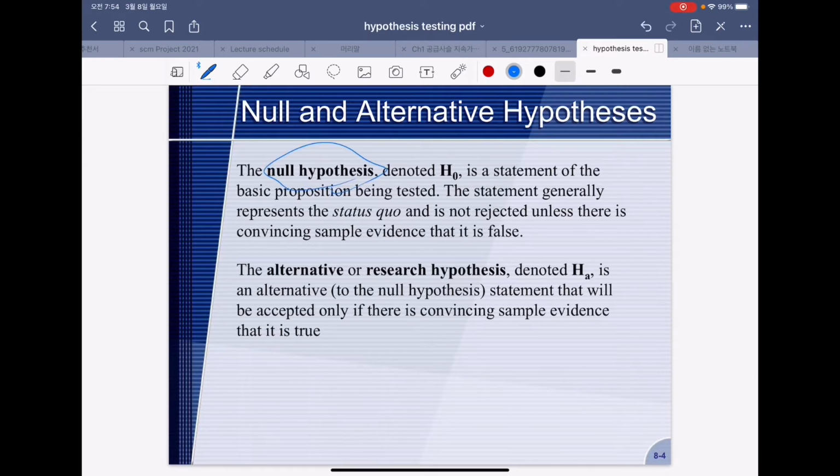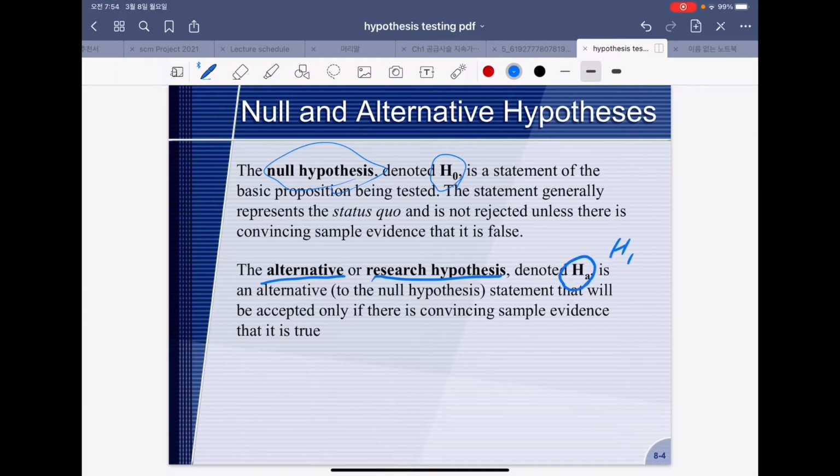Usually we denote this one as H0. The other one is called the alternative hypothesis. Sometimes this one is called the research hypothesis. This one is denoted as HA or H1.